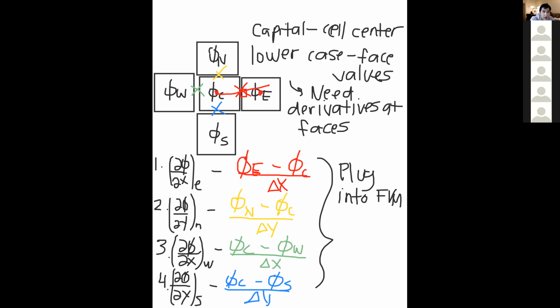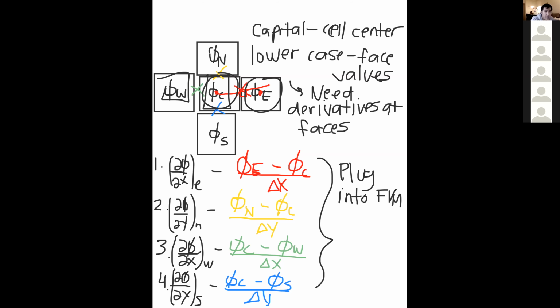Remember, usually for our x-axis, we go from left to right. So when we compute the slope, we usually put the one on the right first and the one on the left second. So for the east, that means we put phi E, which is the one on the right, and then subtract phi C, which is the one on the left. But on the west, our west neighbor lies to the left, so in order to compute the derivative, we do phi C first and then subtract phi W. And the same thing for the north and the south.